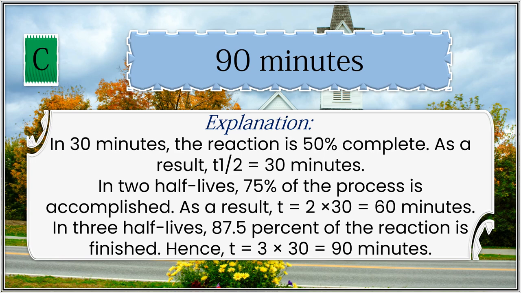In 3 half-lives, 87.5% of the reaction is finished. Hence, T equals 3 times 30, which gives us 90 minutes.